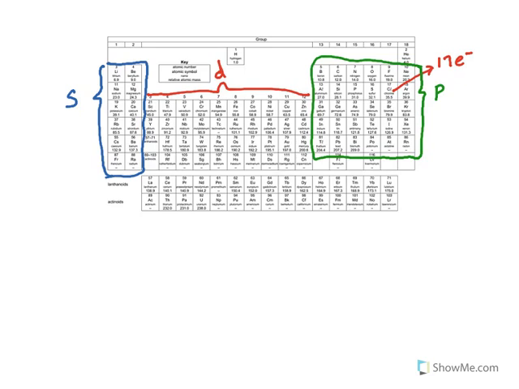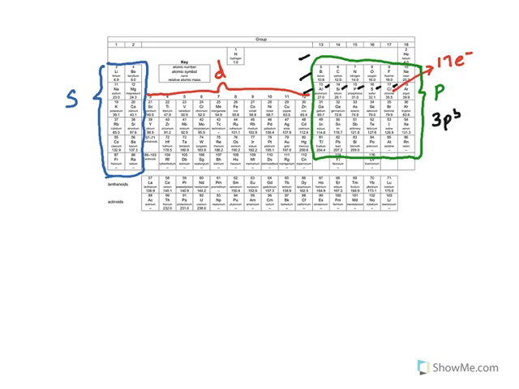So let's take a look at chlorine one more time very quickly. That is actually the third period, right? Chlorine is in the third period because you count the first row, second row, third row. And it is the fifth element in the P block, so it's a P, and then 1, 2, 3, 4, 5.